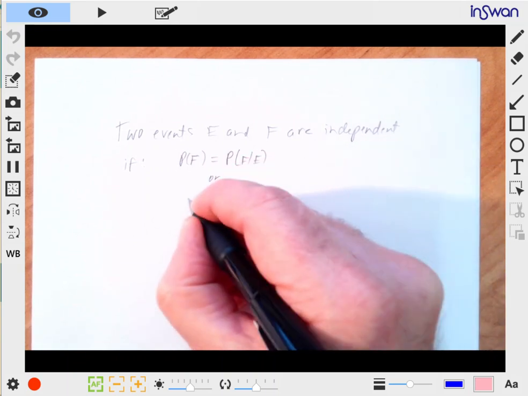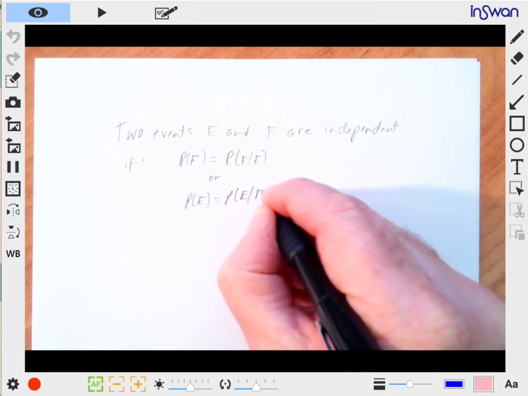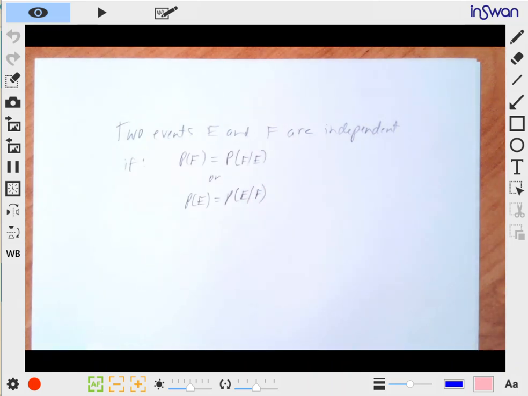Or the probability of E is equal to the probability of E given F. So it doesn't matter which order we look at the events.